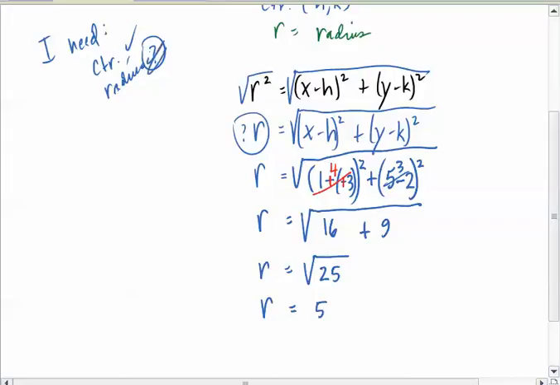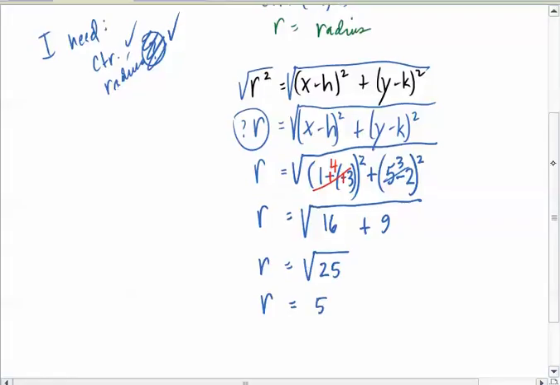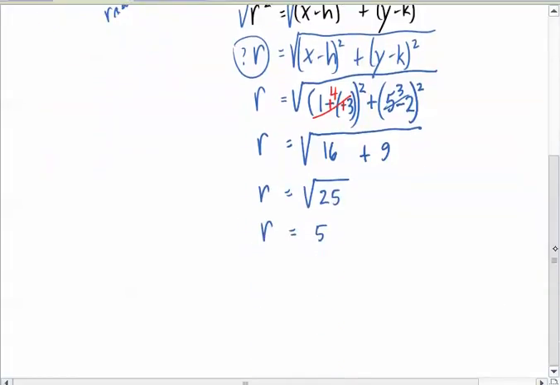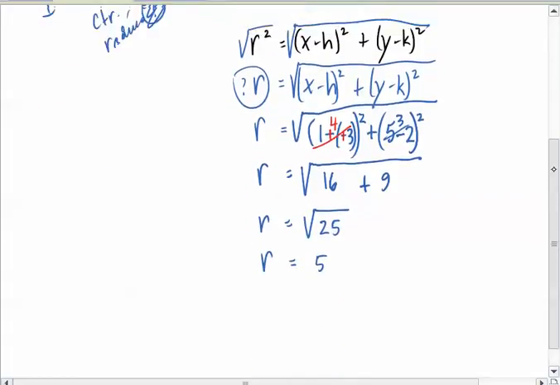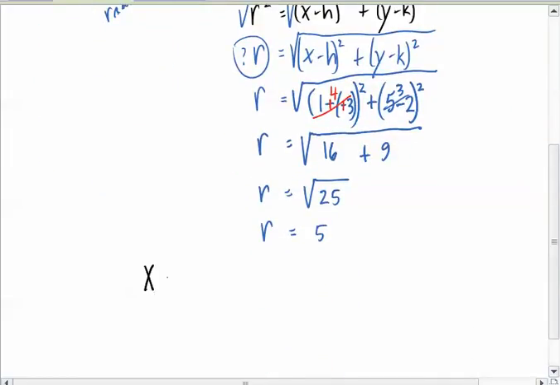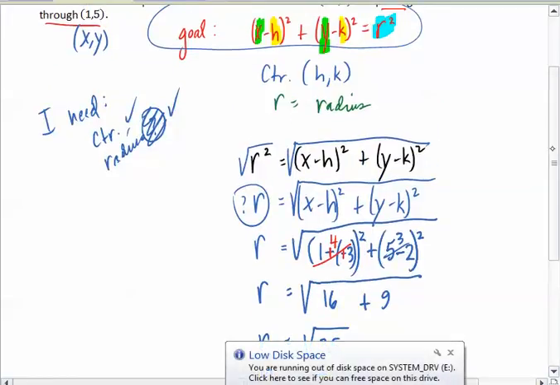Good. So now we're going to come back up here and go, hey, I have both of the things I need. I have the center and the radius. Now let's put them in the goal right here. I needed the yellow and the blue stuff, right? Now the green stuff up there is going to stay letters, variables. So here we go. x minus, now we need what? h. What's my h?